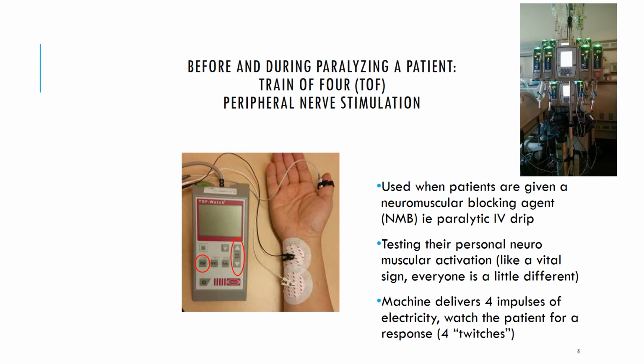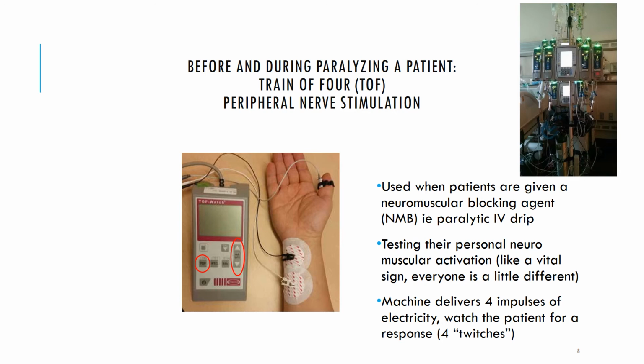So once your patient is connected to that neurostimulator device, you would then turn up the desired milliamps, usually starting at a low rate, maybe around 10, and then hit the train of 4 button, or that TOF button. Now this would result in your device delivering 4 quick impulses at 10 milliamps, or maybe you turned it to 30, so at 30 milliamps for 4 impulses. And you would watch your patient's hand right by the thumb to look for a muscular response or a twitch.